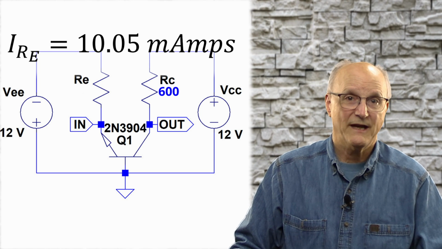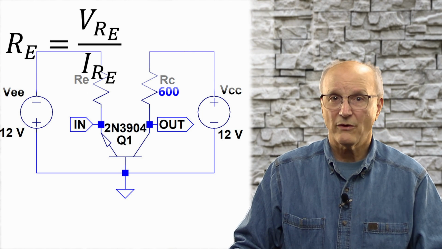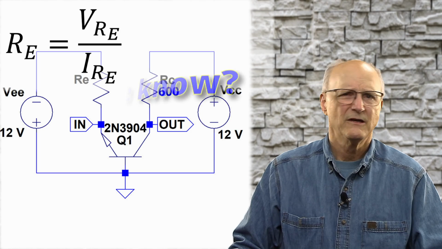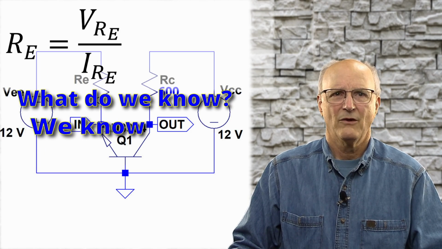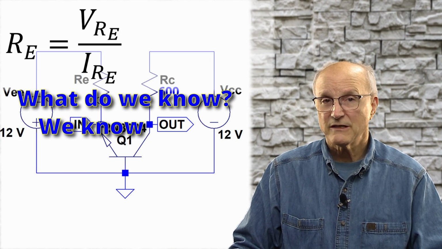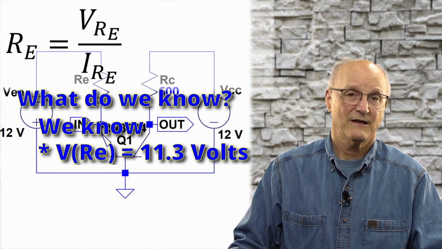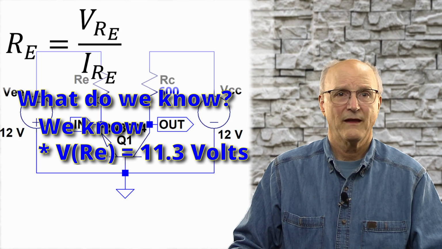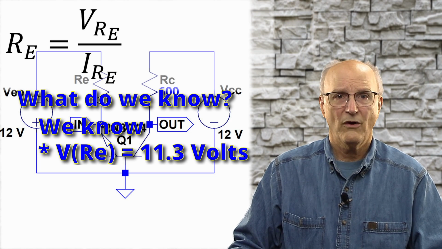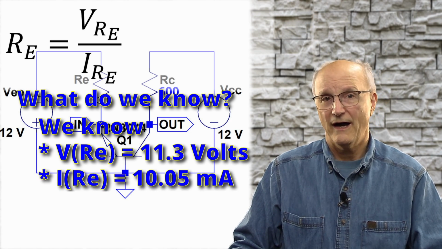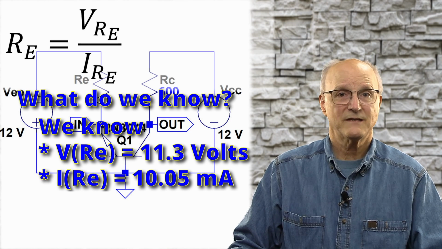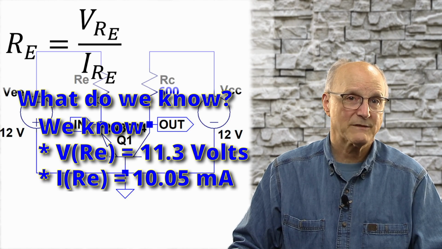Now that we have this in hand, we can return to our Ohm's law equation. So what do we know? Well, we know that the voltage across the emitter resistor, V sub RE, is 11.3 volts. And we know the current through the emitter resistor, I sub RE, is 10.05 milliamps.